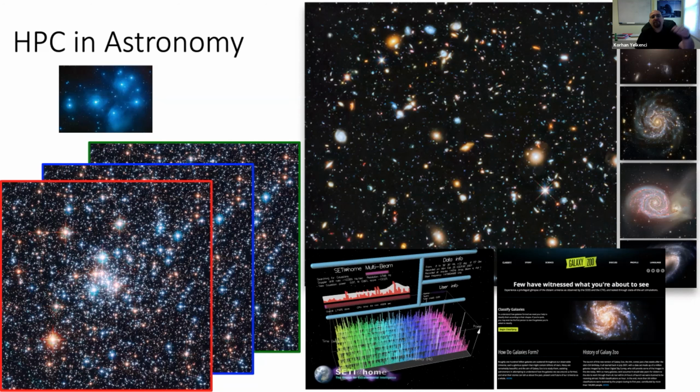Just below the HPC in astronomy writing, there are pictures. So 20 years ago, we more or less were just considering some stars on that picture, one or two we were interested in.